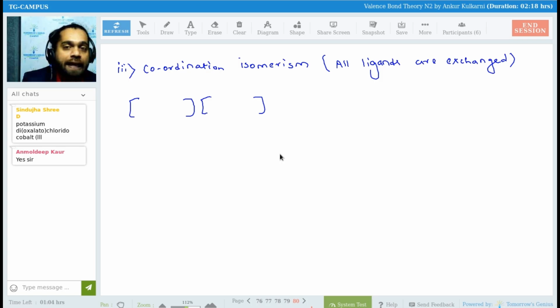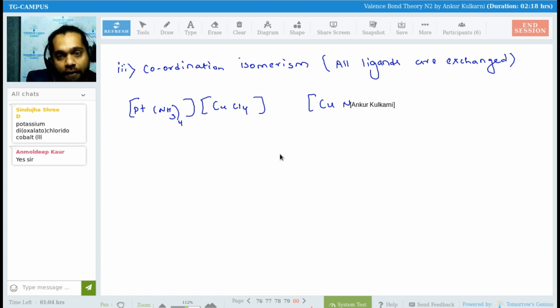So, when all of the ligands are getting exchanged, for example, suppose I have Pt(NH3)4 and I have CuCl4. All of the ligands will get exchanged. Your Cu will have the ammonia, and your Pt will get the Cl.